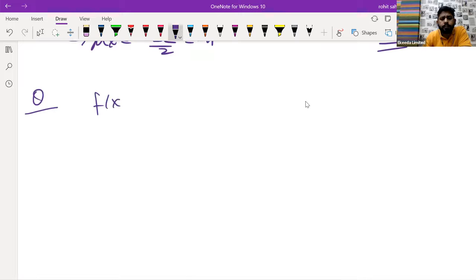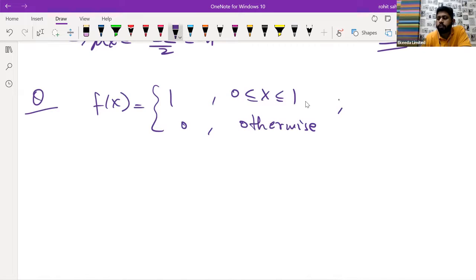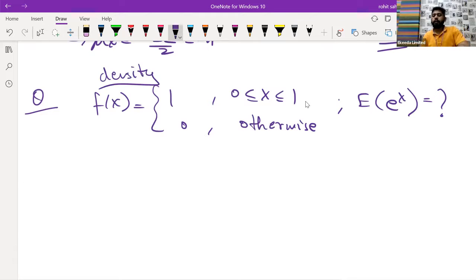f(x) has a density of 1 for 0 to 1 and 0 otherwise. So you need to find the expected value of e to the power of x. This is the density. This is one question which I want you to do.